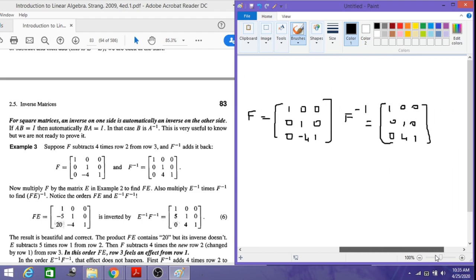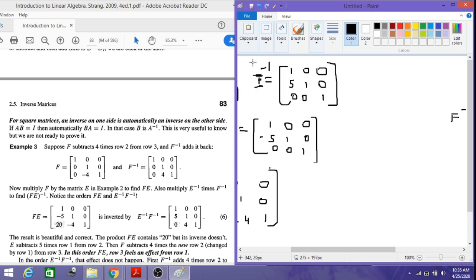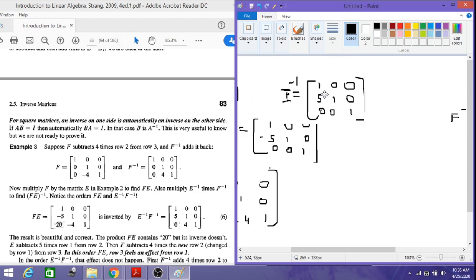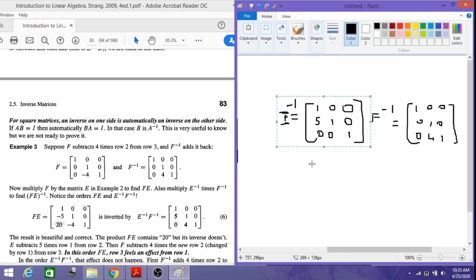Now I'll remove this part here. If you try to do the inverse, E inverse with F inverse, what do we get? Let me take this E inverse part here and let's see what we get.